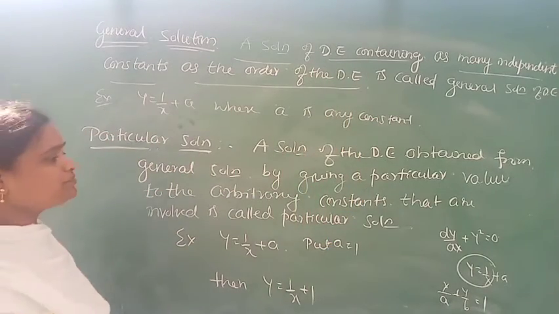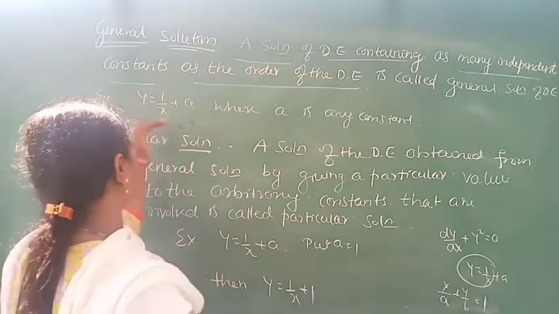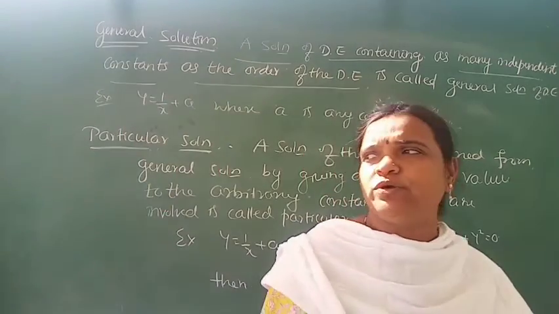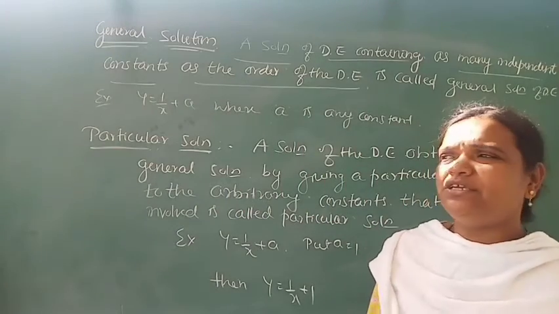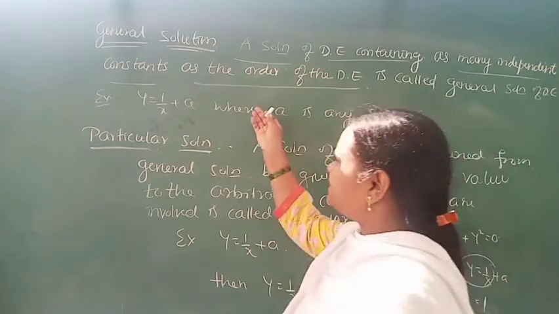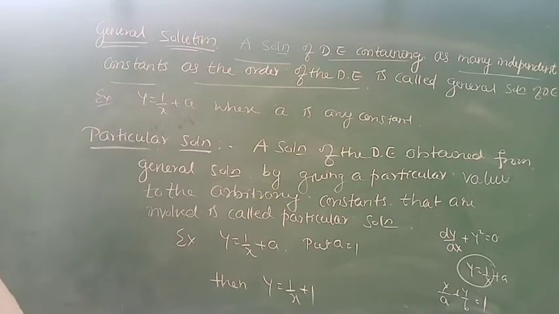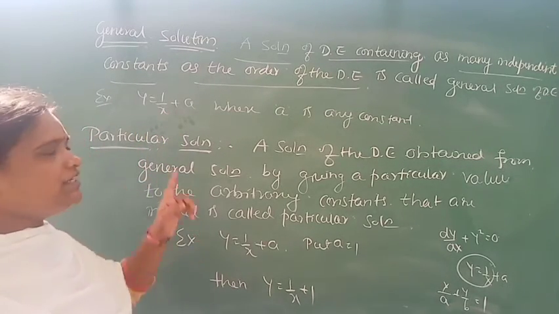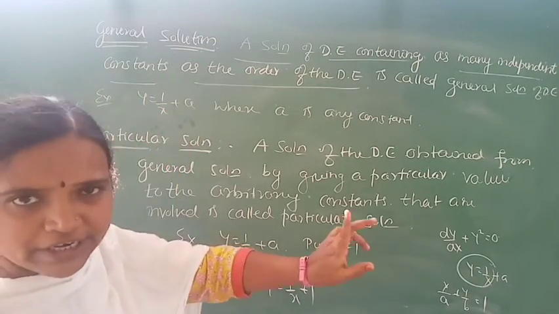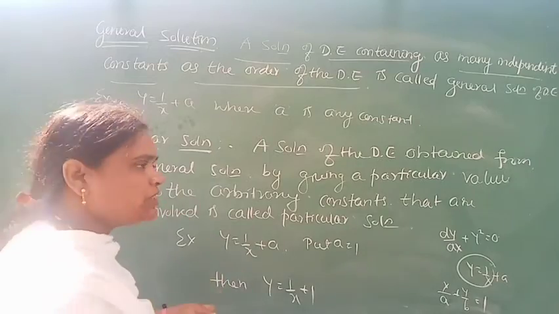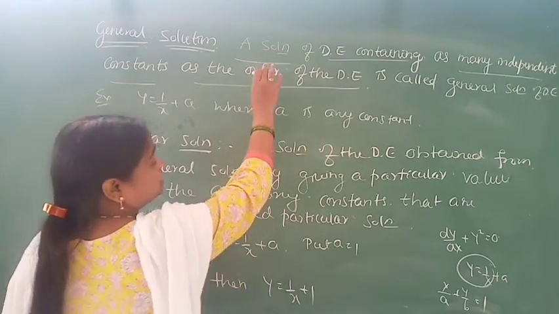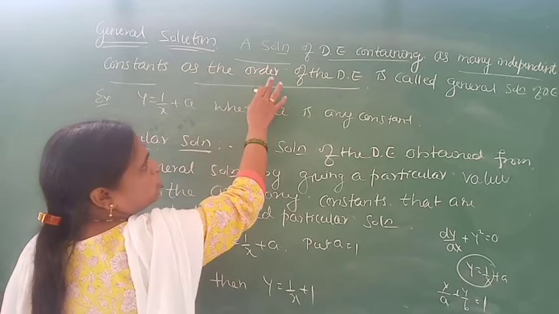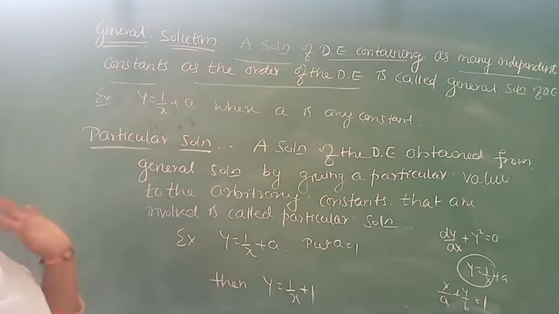If it contains an arbitrary constant, for example y equal to 1 by x plus b or y equal to 1 by x plus a plus b, those we call general solutions. To convert it into a differential equation, if it contains one arbitrary constant, we differentiate 1 time, 2 arbitrary constants 2 times, 3 arbitrary constants 3 times. This is called the general solution.